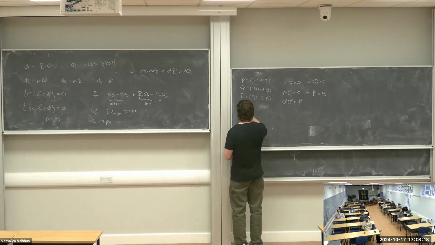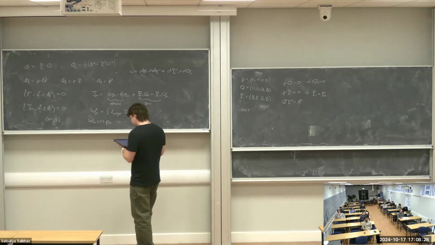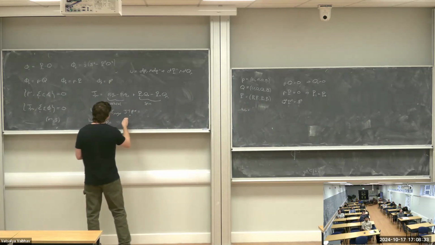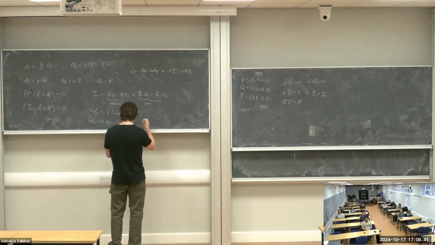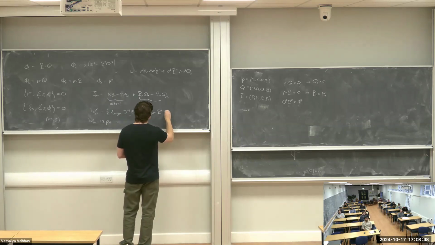So W0 is the only non-zero one. And because this has a P in it, this is totally anti-symmetric. This just becomes epsilon mu nu rho sigma big P nu big Q rho p sigma.